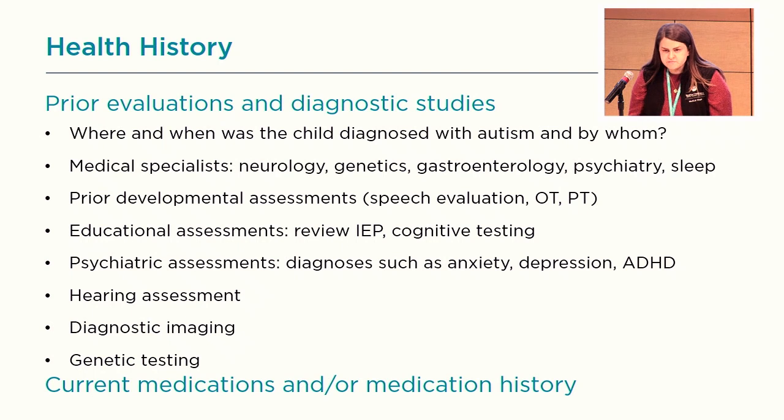Any hearing assessments that have been done, just to rule out a dual diagnosis. Any diagnostic imaging that may have been done in the past, such as a brain MRI, any genetic testing that has already been done. And knowing all of this just gives us a chance to review the records and to all be on the same page, and helps us make the best use of time and recommendations moving forward.